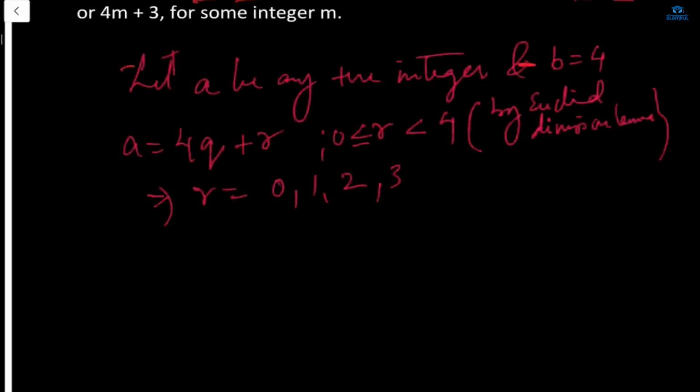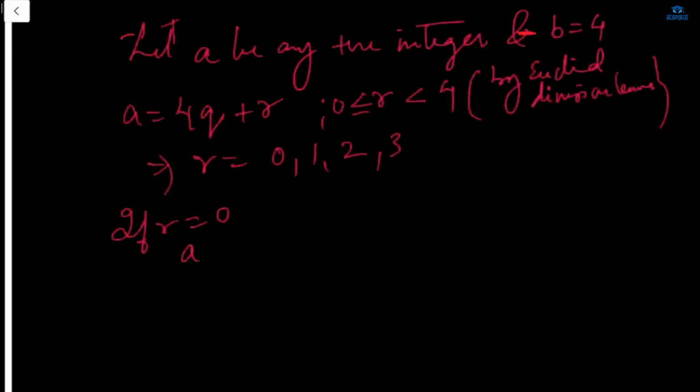Now, if r is equal to 0, what will it be? First we'll do the cube, and then it will be easy. Otherwise you have to repeat every time. So the cube will be 4q plus r whole cube.